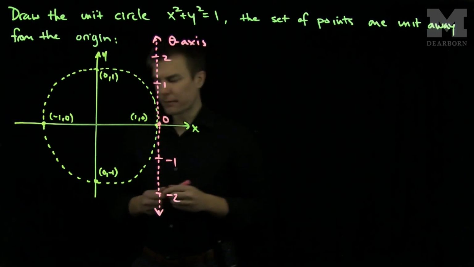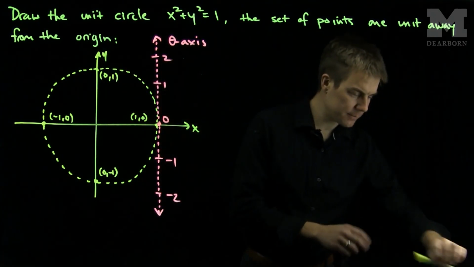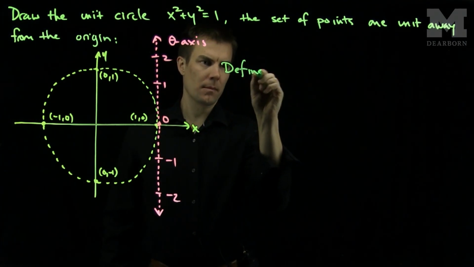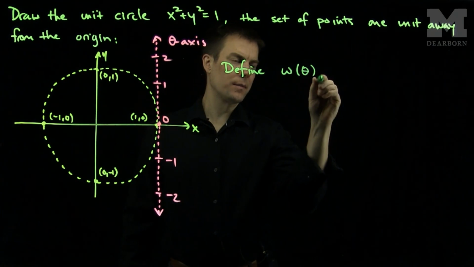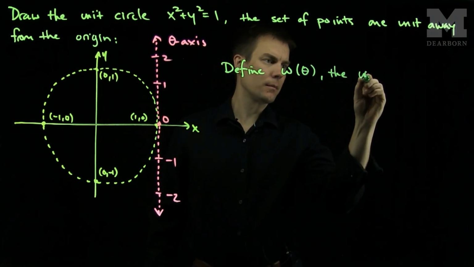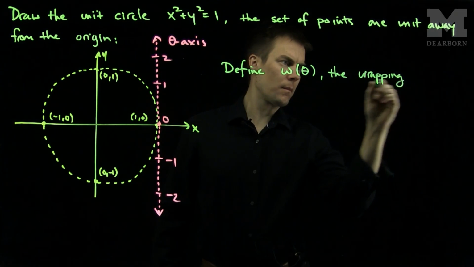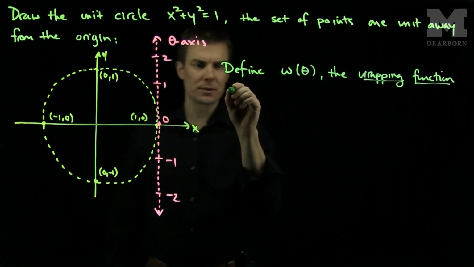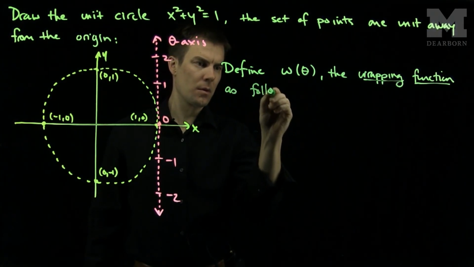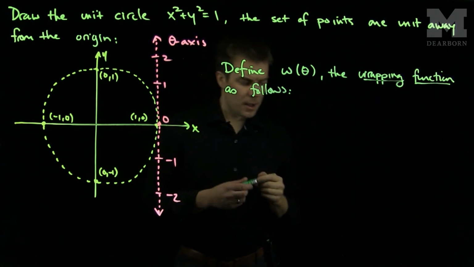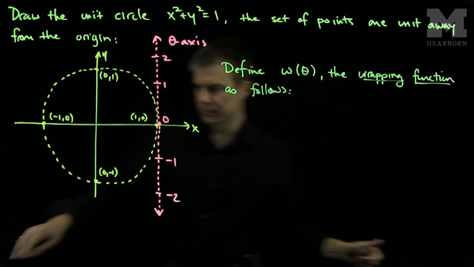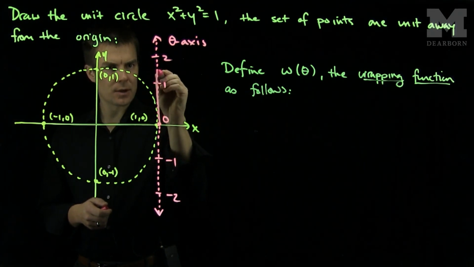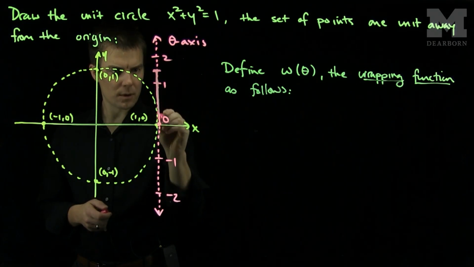What I will do now is define the wrapping function. Define omega of theta, the wrapping function, as follows. If theta is positive, we will draw the interval on the theta axis all the way up to theta.